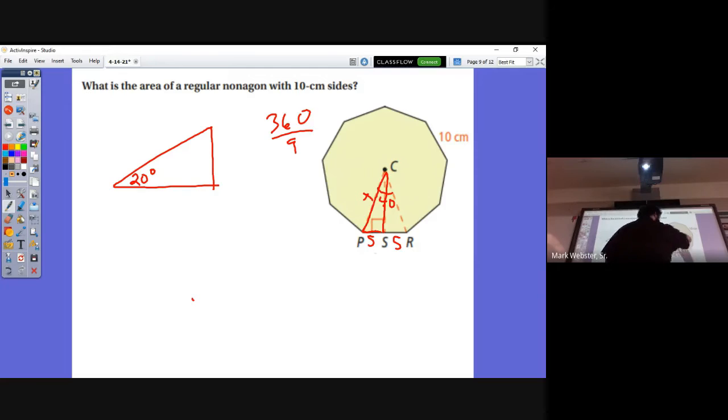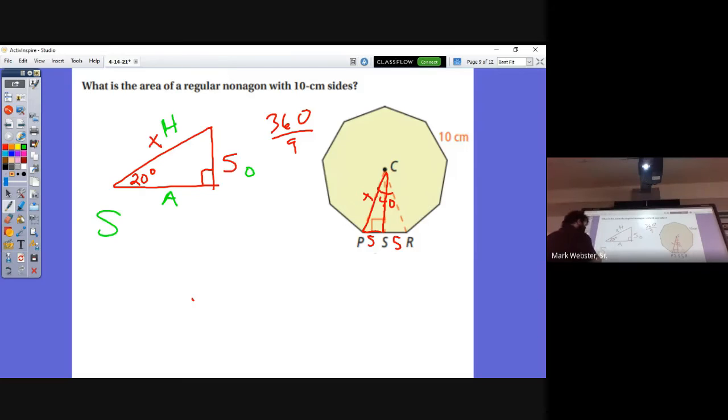And now let's orient this so that it works really well. That's our radius that we're trying to find. This piece is 5. Now we're back to what we did in the bell ringer, right? So here, opposite hypotenuse, we're using sine.